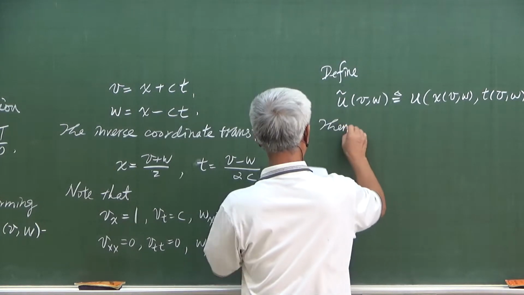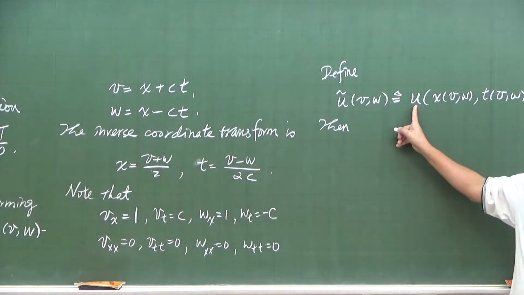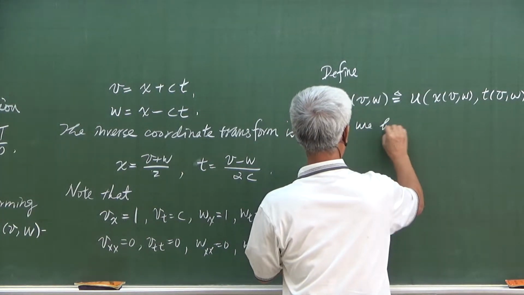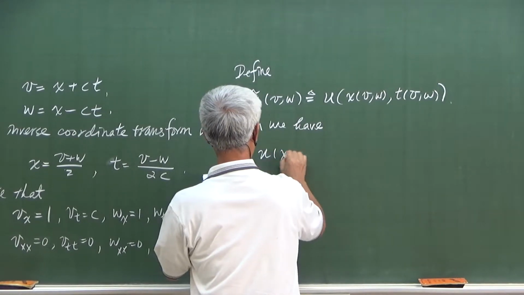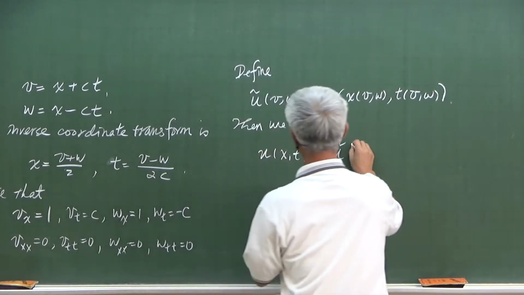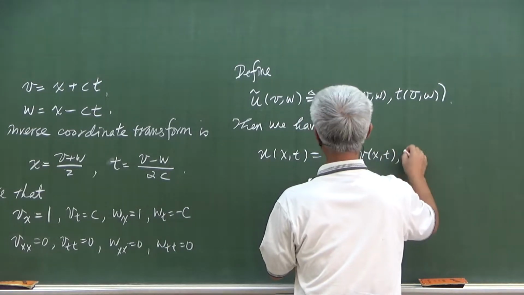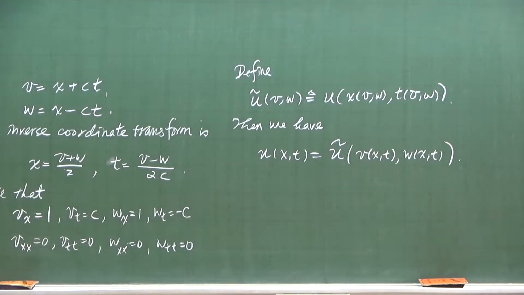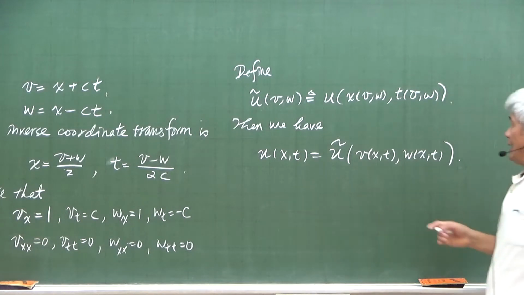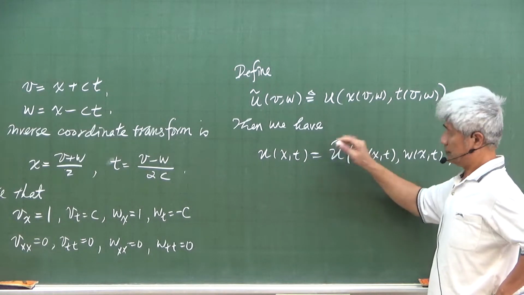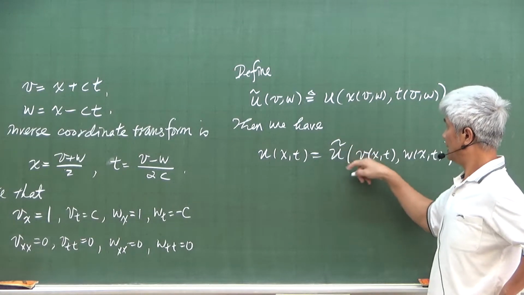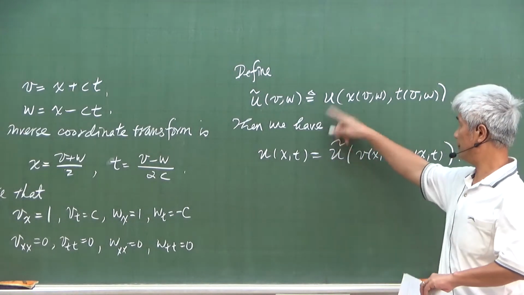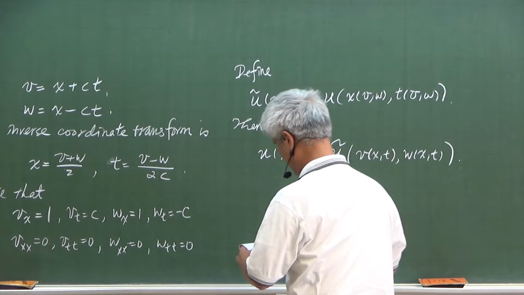Then of course, u can be obtained from u tilde: u(x,t) is equal to u tilde(v(x,t), w(x,t)). So if we can obtain u tilde, then by substitution we can obtain u again, right? So we have such a relationship.